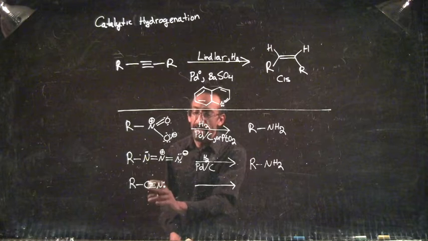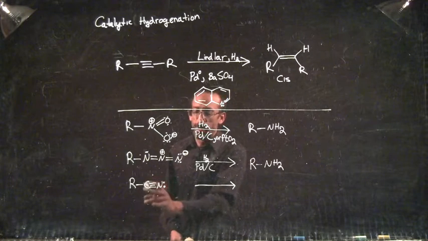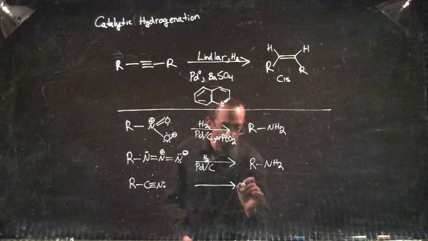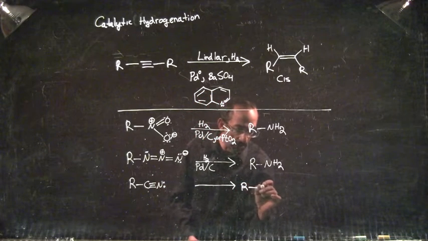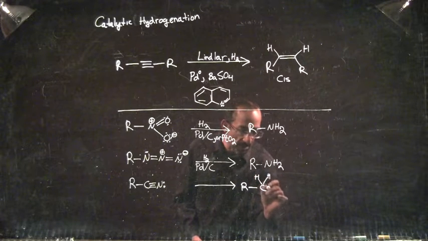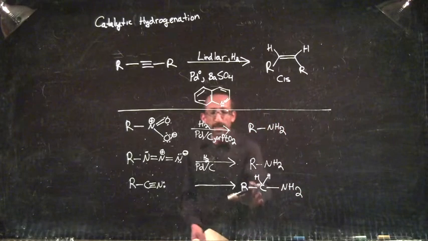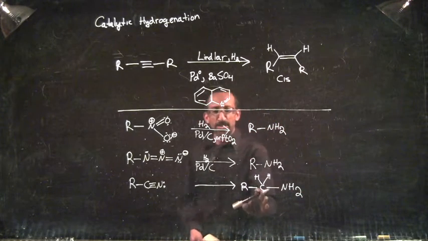And so we can get a new alkane type carbon, a new sp3 carbon is generated here. That sp hybridized carbon becomes an sp3 hybridized carbon, and that's why I'm drawing this carbon out explicitly.